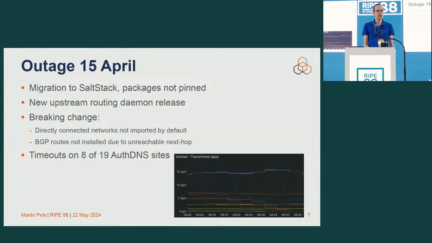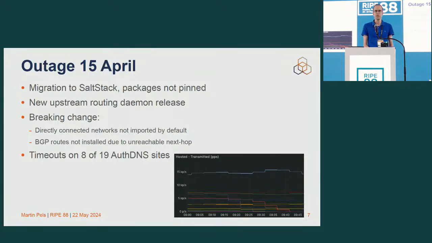Our boxes automatically downloaded that and started using the new release. And this release actually introduced a breaking change where the connected routes were not imported in the routing table. So BGP routes we received could not be installed because there was no next hop. We were still advertising the Anycast prefixes, so we were getting traffic in, but we could not send any traffic out because the box didn't know where to send it.